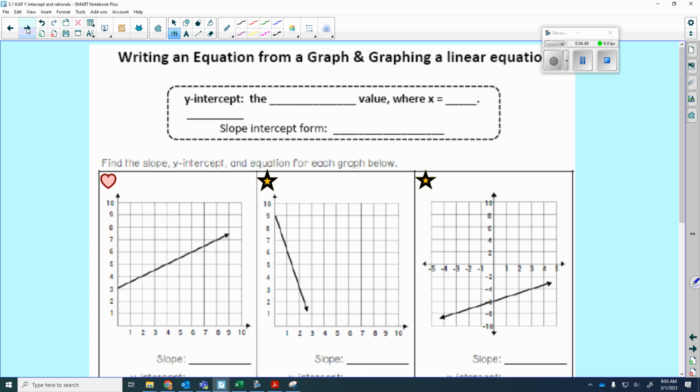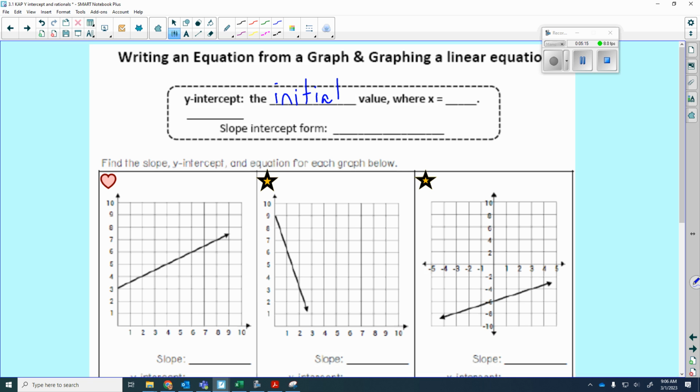Okay. So if you look at the board, we're talking about y-intercept specifically today, and also rational number y-intercepts. So on here, y-intercept, what would you call it? The blank value, initial value, or starting value.